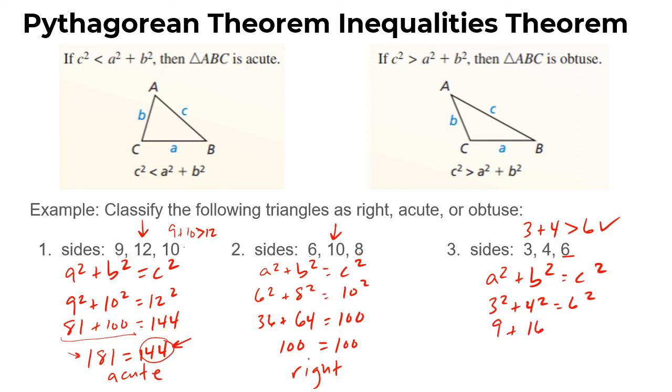So 9 plus 16 is 25, which is not equal to 36. In this case, the hypotenuse squared number is greater than 25. So that tells us there has to be an angle of greater than 90 degrees across from the hypotenuse, which makes this an obtuse triangle.